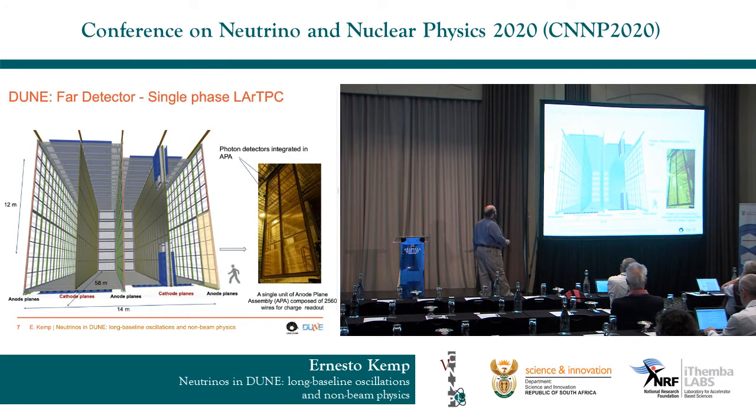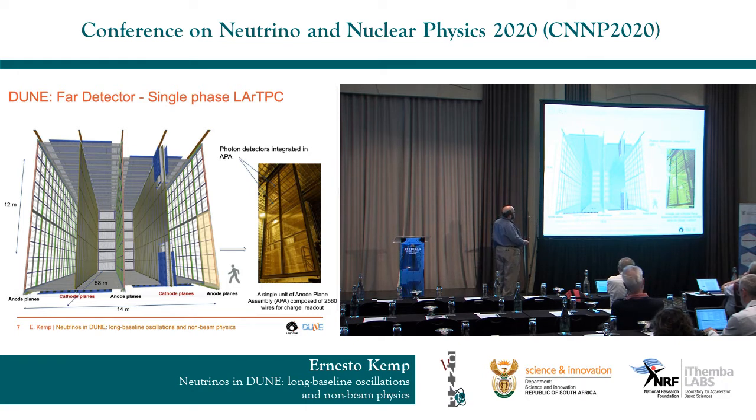So this is an internal view of the cross-section of the time projection chamber. Along the width of the detector, we will have 3 anode planes interleaved by 2 cathode planes. The beam goes in that direction, parallel to the planes.